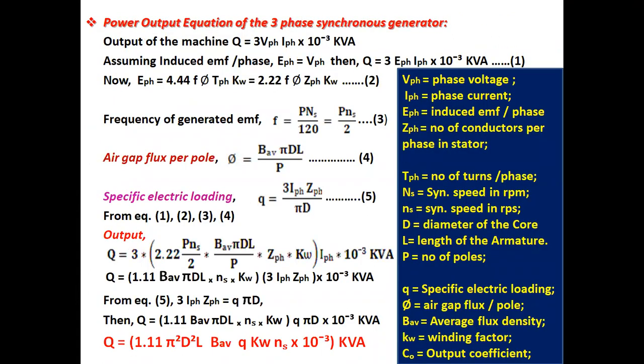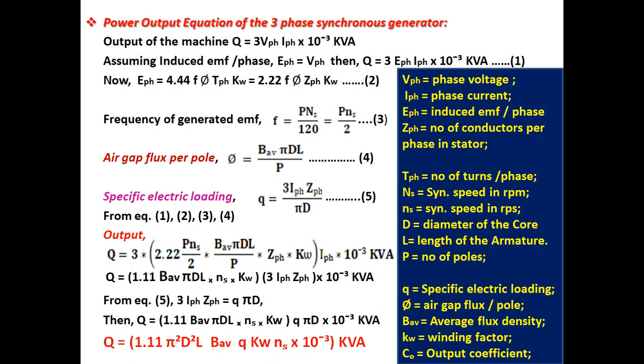Power output equation of the three-phase synchronous generator. Output of the machine Q is equal to 3 V phase into I phase into 10 to the power minus 3 kVA. Assuming induced EMF per phase, E phase, is equal to V phase, then Q is equal to 3 E phase I phase into 10 to the power minus 3 kVA.